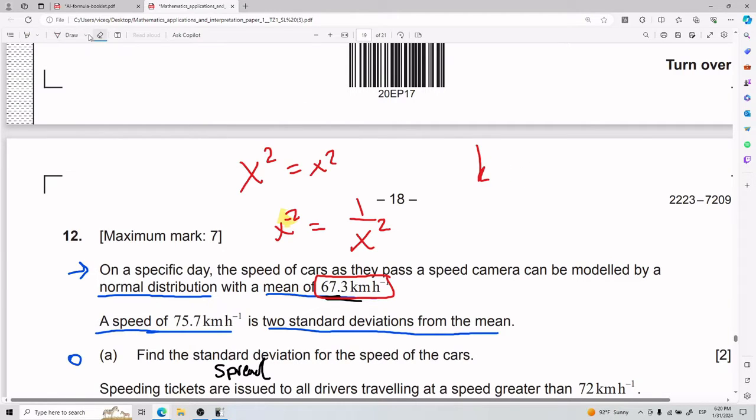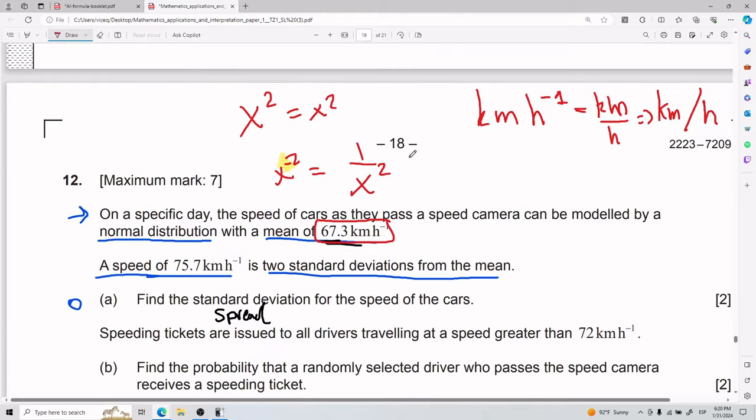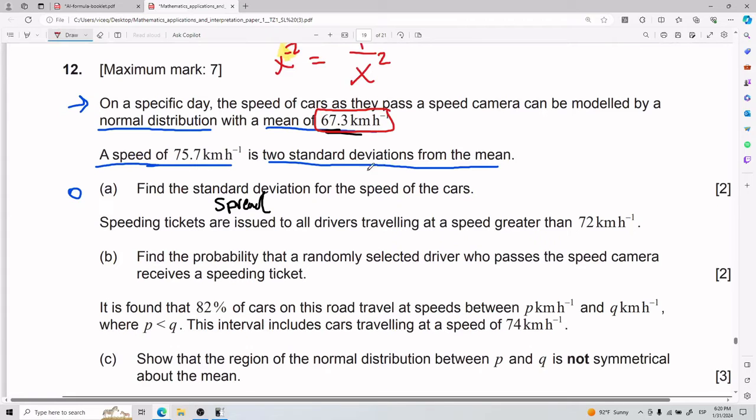So when you have kilometers, h to the power of -1, the -1 flips it, so this is the same as saying kilometers divided by h, which is the same as just saying kilometers per hour, okay? Which is what we're used to looking at. I don't know why the AB expresses it in a weird way, but whatever, okay? At least for me, it's weird.